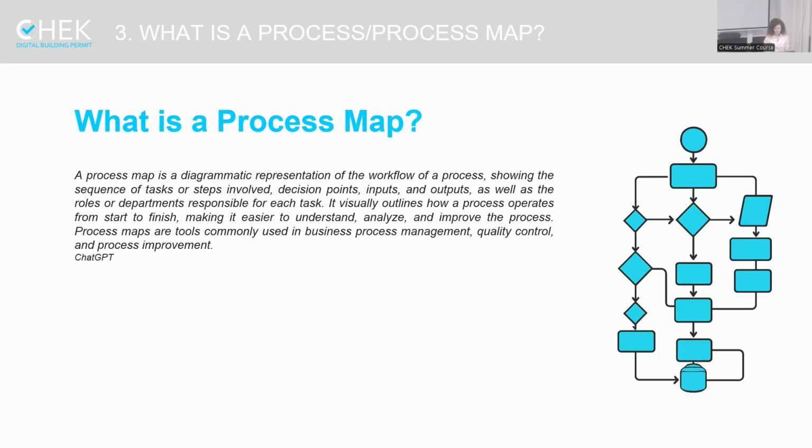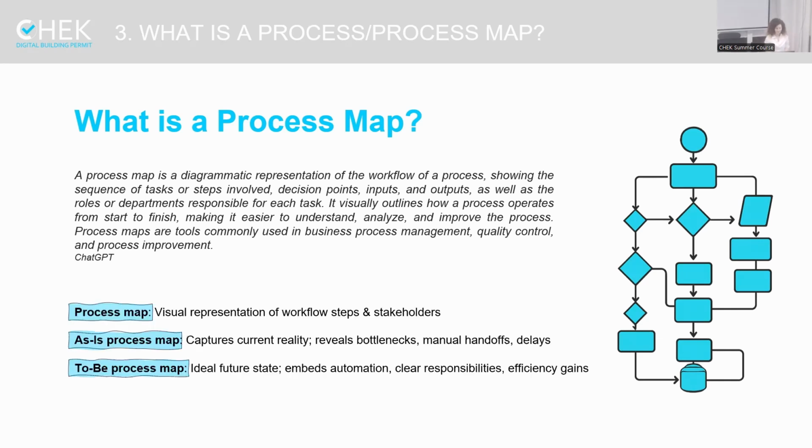And more or less in a schematic way it looks like the illustration in the slide. So it's simply a visual representation of workflows and steps of actions and events.